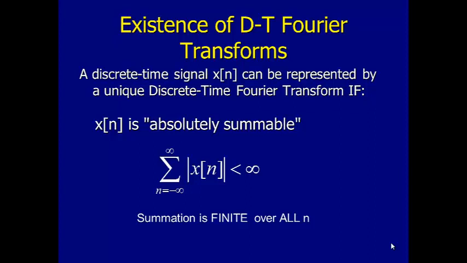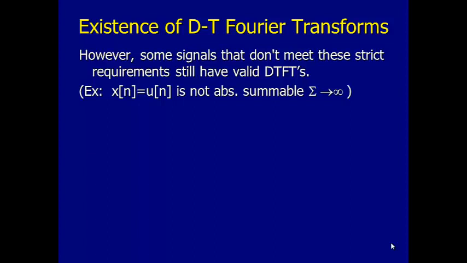So that's the requirement for finding a valid discrete-time Fourier transform. I can only do it for signals that are themselves absolutely summable. It means I can add up all their sample values from n equals minus infinity to plus infinity and get a finite value.